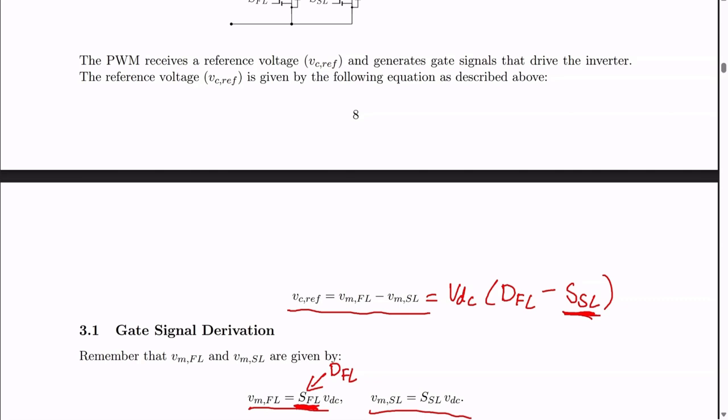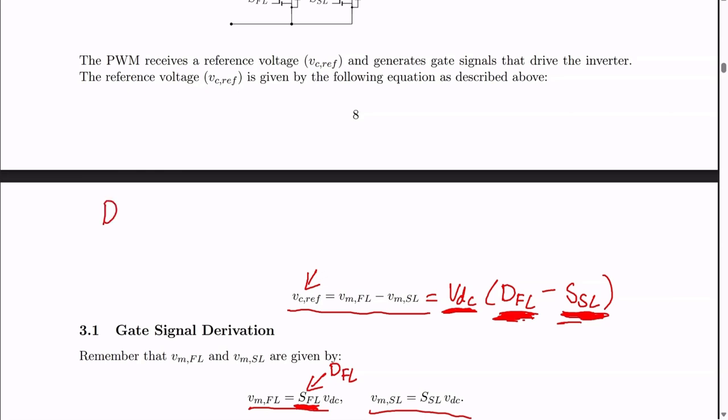Now we have to solve for the duty cycle and the gate signal. We already know the desired voltage that we want, and we know this one. So you can see that we have two unknowns and one equation. So what we want to do is solve for the duty cycle as a function of the gate signal. That will simplify it a lot.